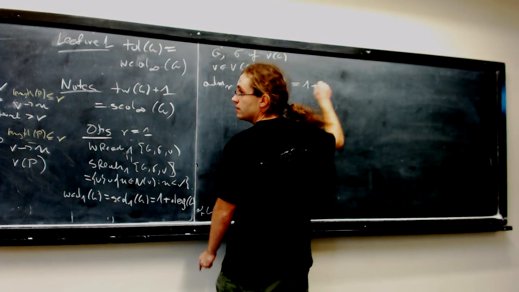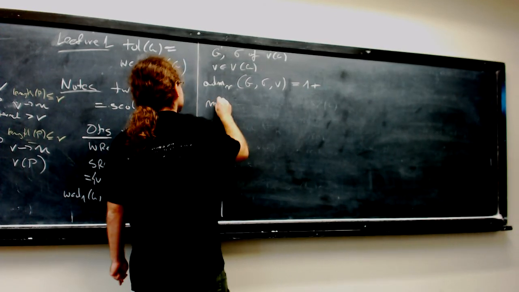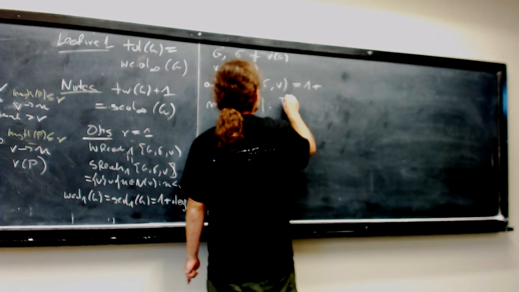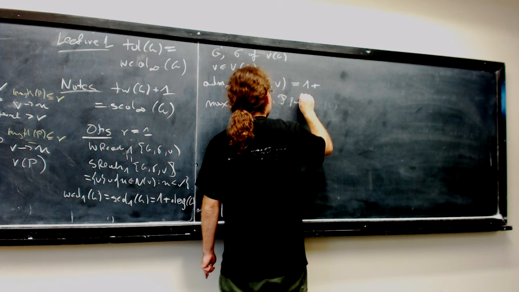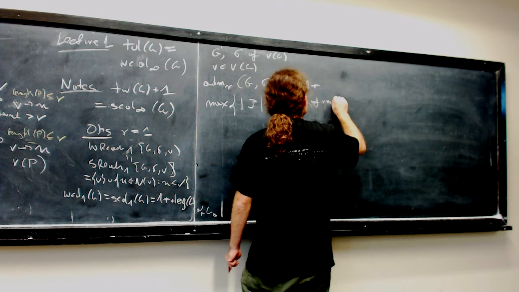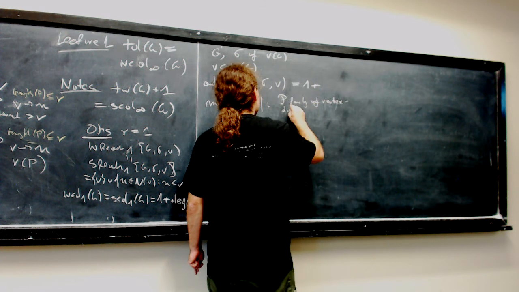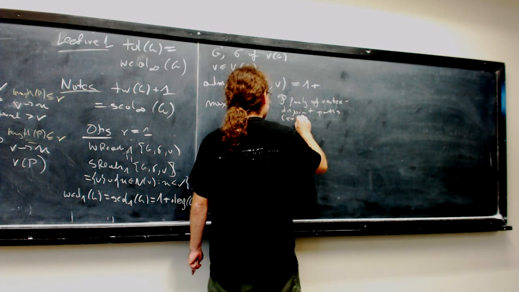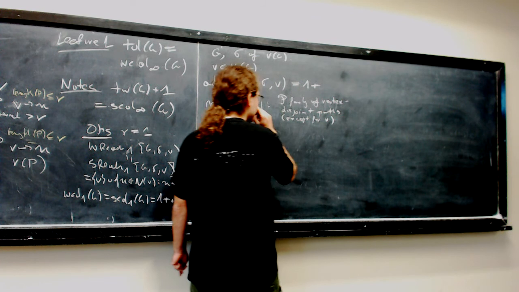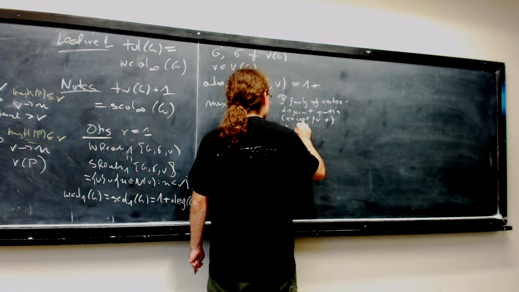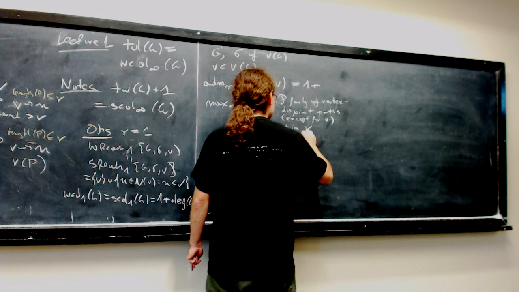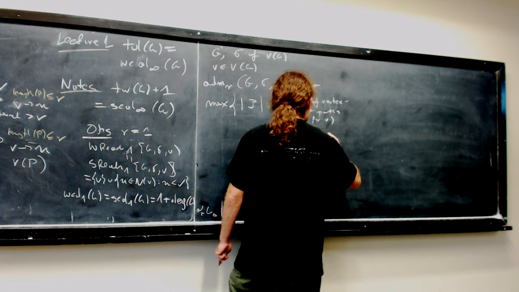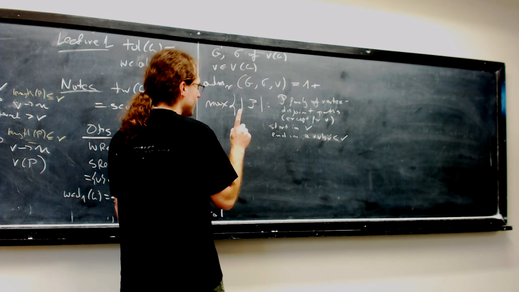It is 1 plus the maximum size of a family P of paths, such that P is a family of vertex disjoint paths, except for v, they can share v, that start in v and end in a vertex u smaller than v, and additionally have length at most r.